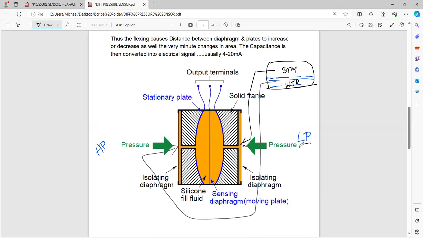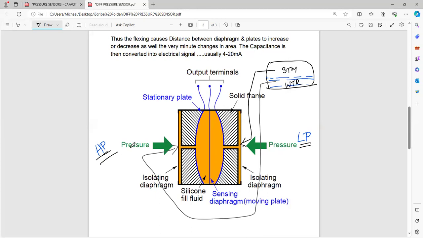And therefore, it is relative to everything over here. And that is why it is low pressure. It's called that only because only the steam pressure is acting on this. Whereas over here, you're having your steam and your water pressure acting on this diaphragm. So pressure of steam plus the pressure of water acting on this, and that is why it is called the high pressure.